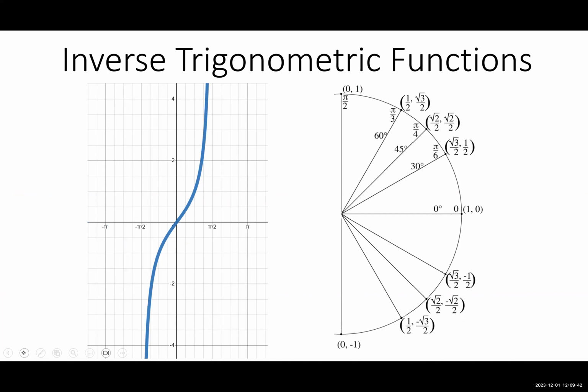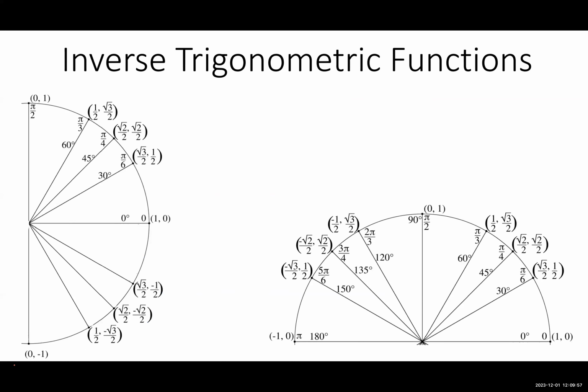For the tangent, it's the right half or the right semicircle. For the sine, it's the right half. And for the cosine, it's the top half. So I think now we're ready to evaluate some inverse trigonometric functions.